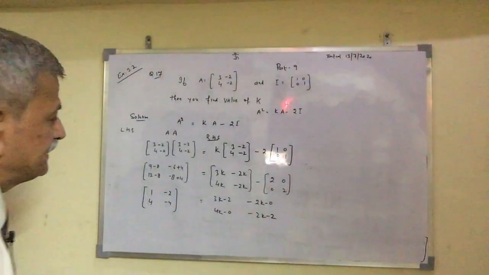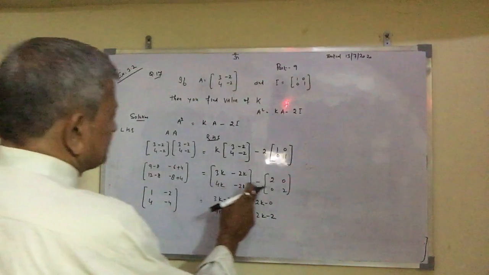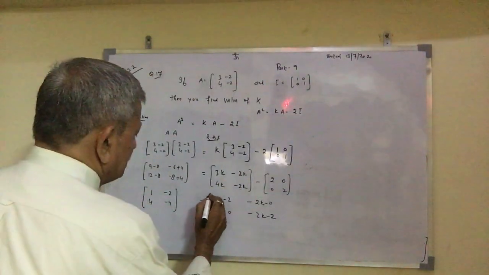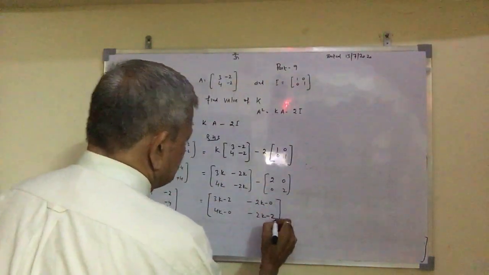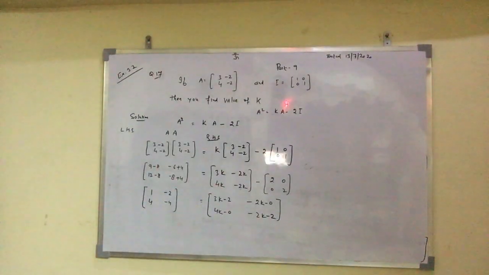So you can write like this after subtracting the second matrix from the first one. So your result will come out like this.